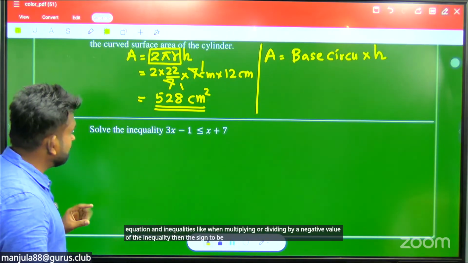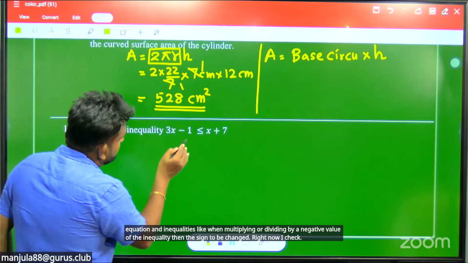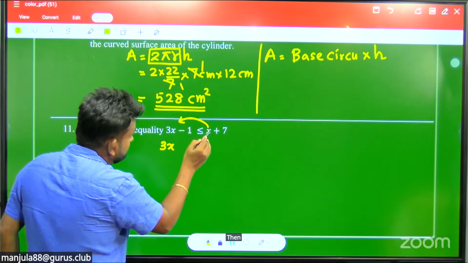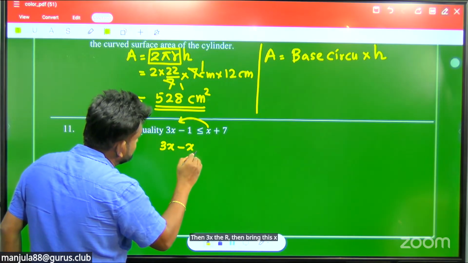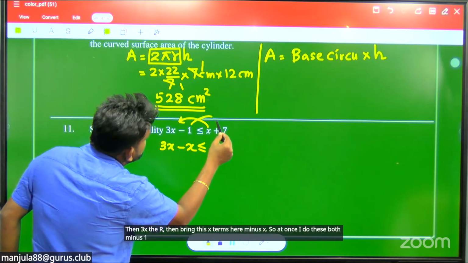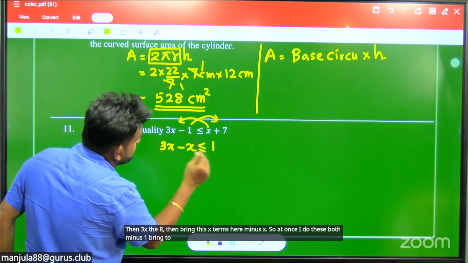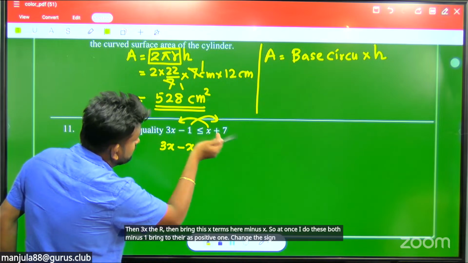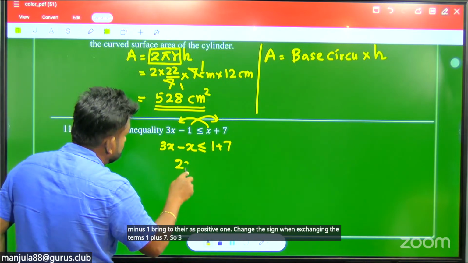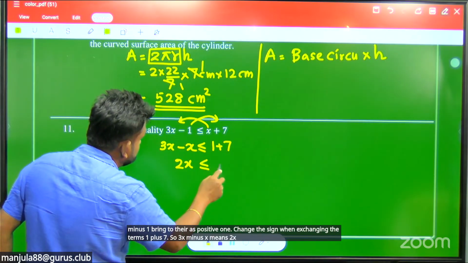Right, now I bring the x terms here, 3x there, then bring this x term here, minus x. At once I do this, both minus 1 bring there as positive 1. Change the sign when exchanging the terms. 1 plus 7. So 3x minus x means 2x less than or equal to 1 plus 7, 8.